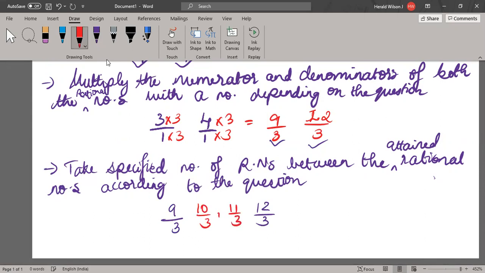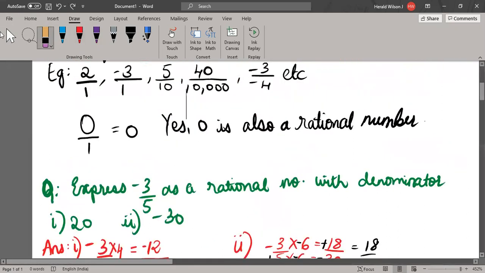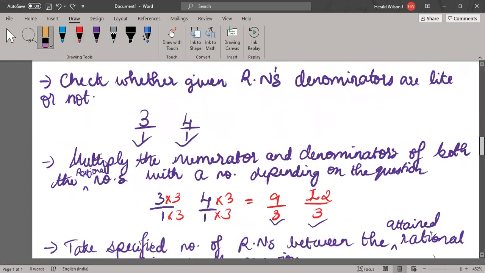But they've asked for 3 rational numbers. So that means I have to multiply with a greater number. That's why I told you, depending on the question. Did you now understand? Depending on the question, you need to multiply. Understood?